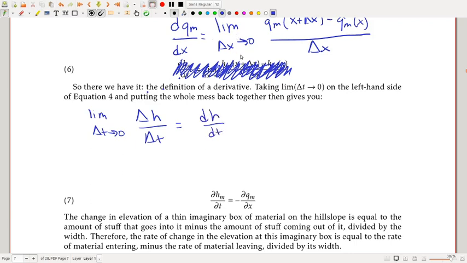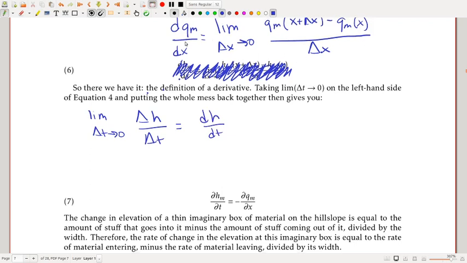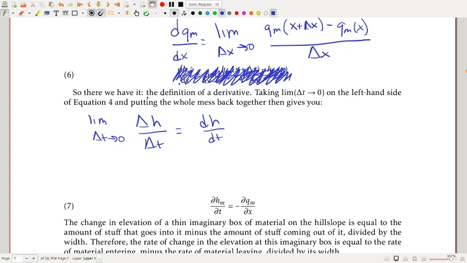Then we also have this limit as delta x goes to 0, and that's this dq sub m dx, and we know that we flip this around, which gives us a minus sign. And then, because we have derivatives with respect to t and derivatives with respect to x, we have derivatives in two different dimensions. In this case, space versus time. Mathematics doesn't care about space versus time, but gosh, I sure do.